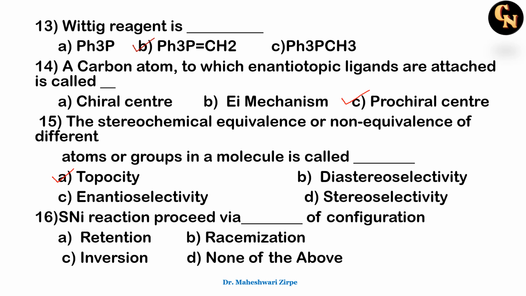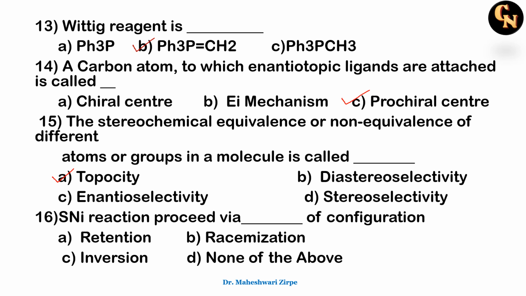Topicity actually refers to the positional relationship of atoms and or groups of atoms in a molecule. So basically you will find that stereochemical behavior is based on these positional atoms. Homotopic we call for those which are chemically equivalent. Then enantiotopic gives enantiomers. Similarly, diastereotopic will give you diastereomers. Okay, so that is about topicity.